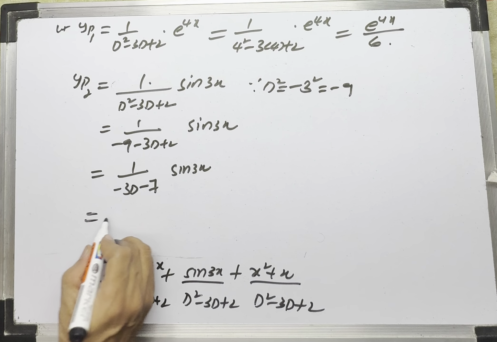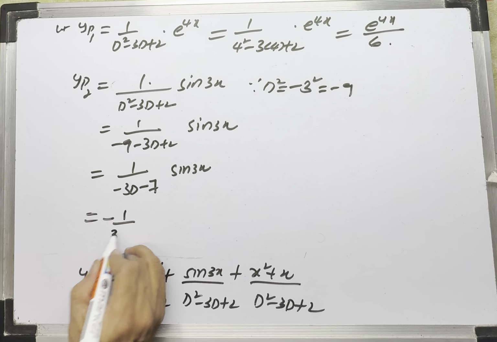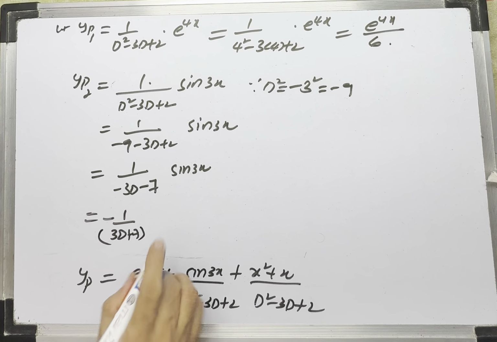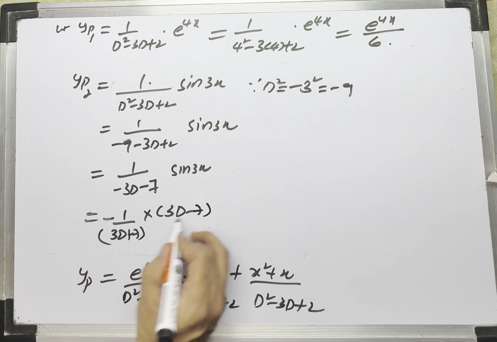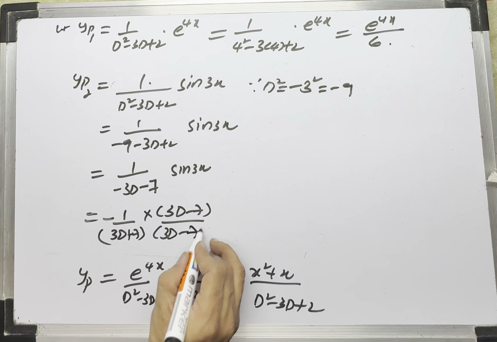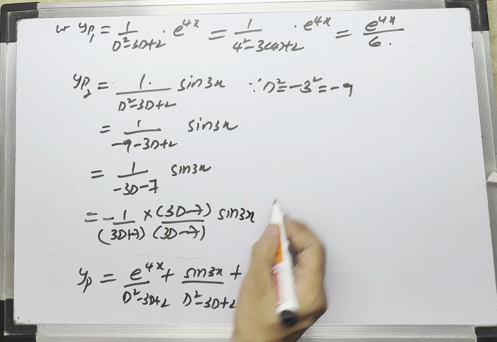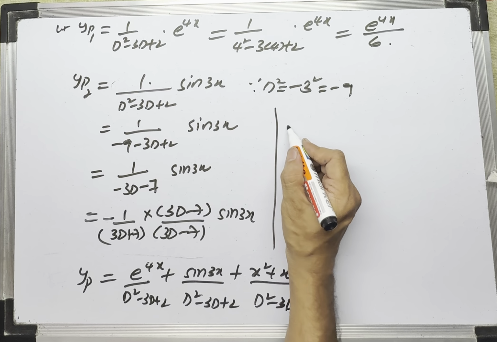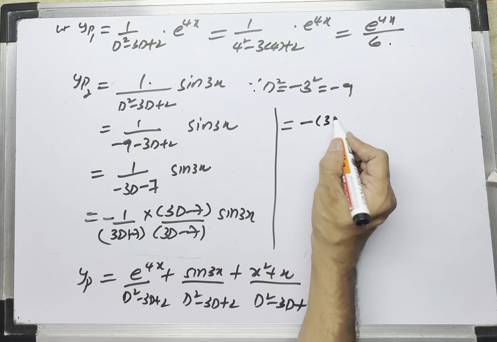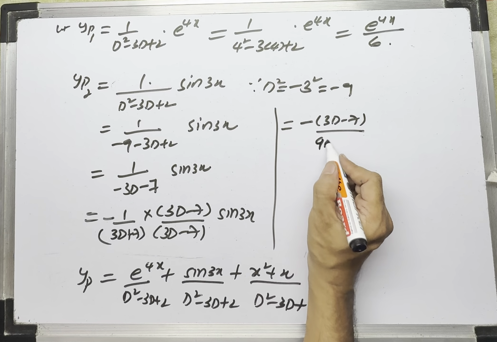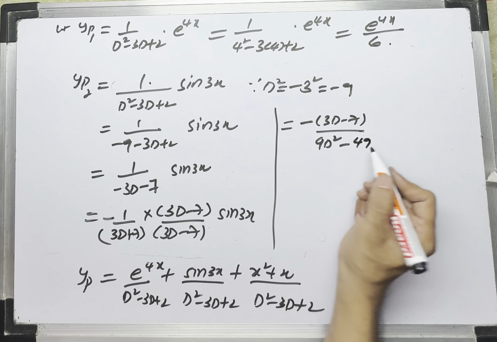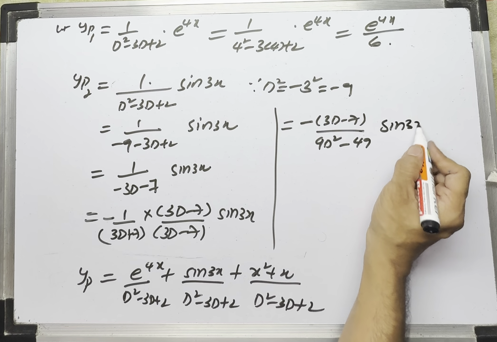You can take minus common, 1 by 3D plus 7. Because we don't have a square here, we need to rationalize this: 3D minus 7 by 3D minus 7 sin 3x. So it becomes minus 3D minus 7 divided by (a plus b) into (a minus b), a square minus b square, sin 3x as it is.